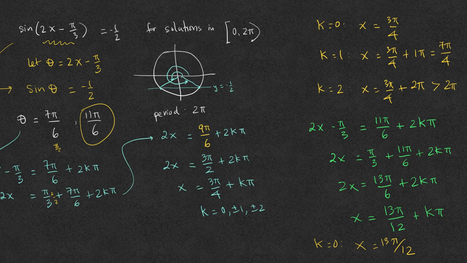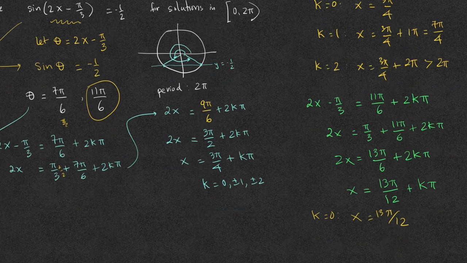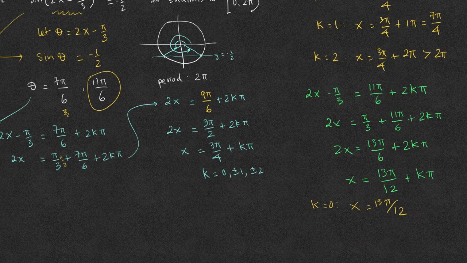We will need to check the negative k values as well, because this x is more than 1 pi, and because of the minus pi over 3, we will need to make sure that there is nothing before x equals 13 pi over 12. And to do that, we will let k be negative 1. Then x equals 13 pi over 12 plus negative 1 pi, which is 1 pi over 12.